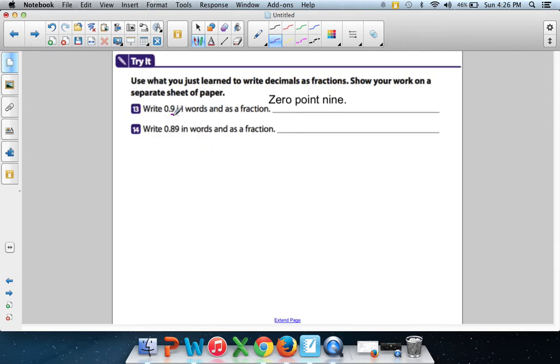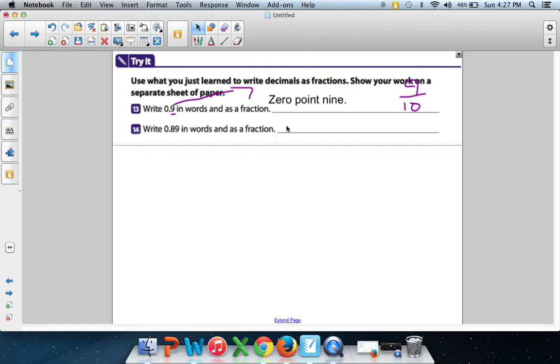Since we only have 1, we're not going to have 100 anymore. What's the other one we could have? Not the 100, but the 10. Okay? Now we just got to write that bad boy into the numerator. Dun dun dun dun. Correct answer.